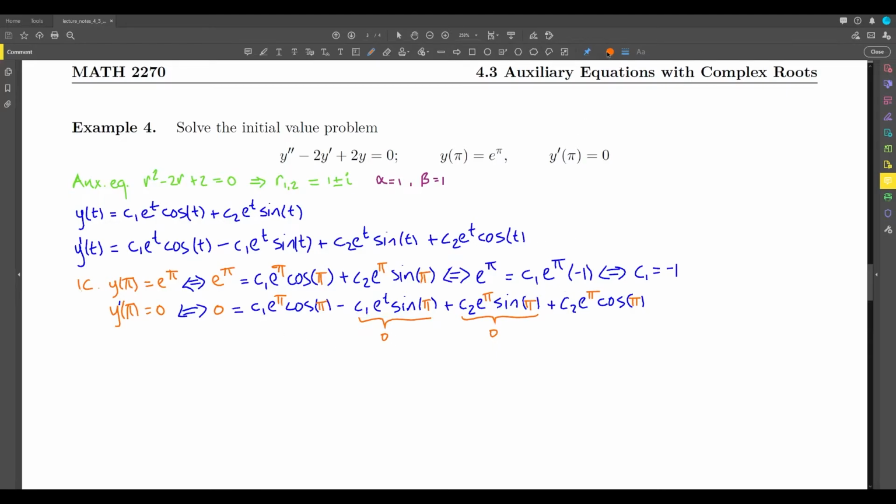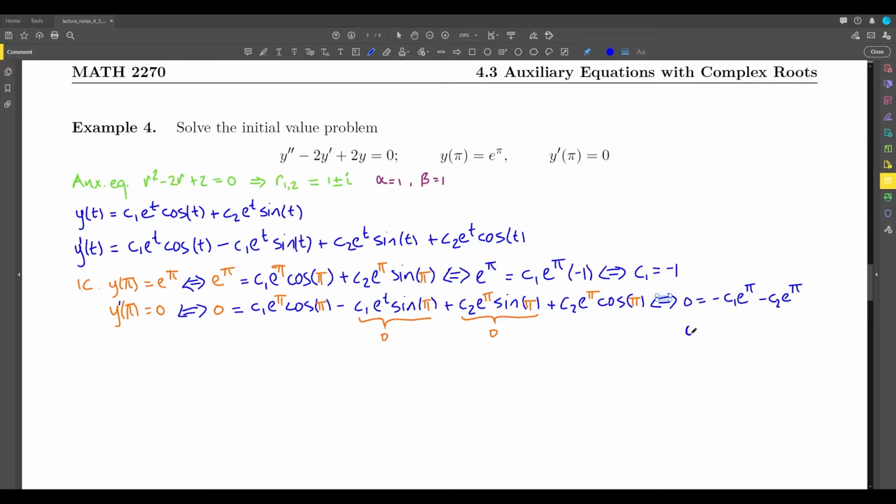So our equation for c1 and c2 now becomes 0 equals negative c1 e to the power pi. The negative comes from the cosine here. And then negative c2 e to the power pi.